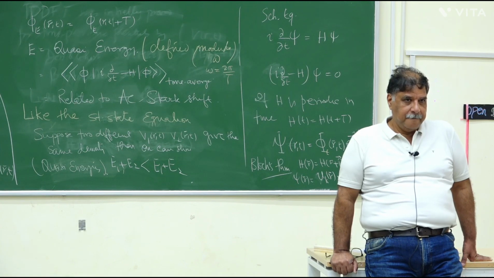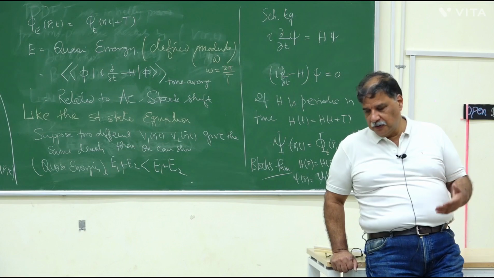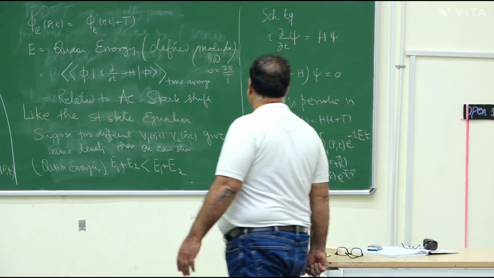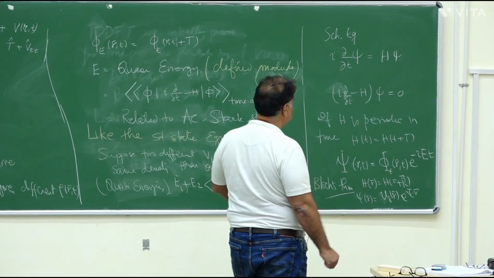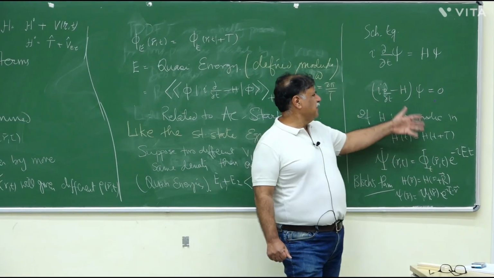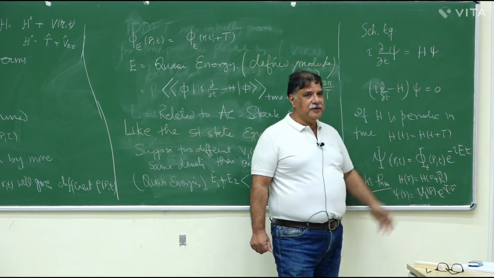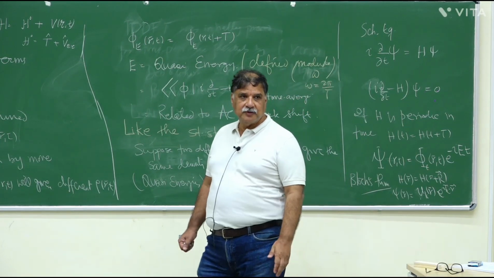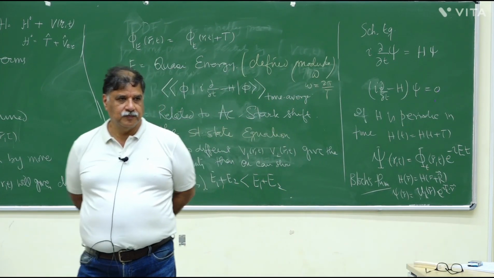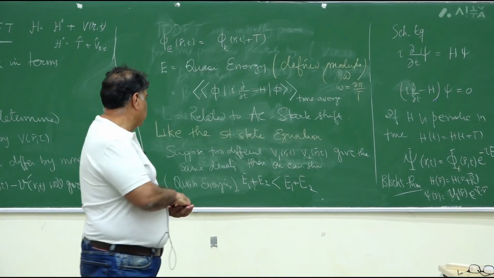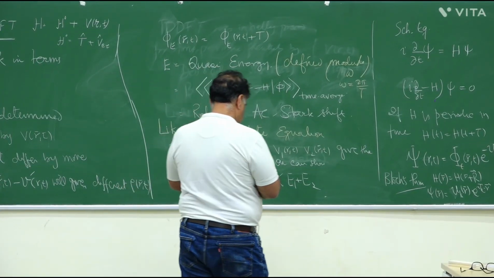Is that okay? And then the rest follows because there is this i d/dt, so you can now do the whole thing, the T and E and everything you can calculate, and then you can write the time dependent Kohn-Sham equation.